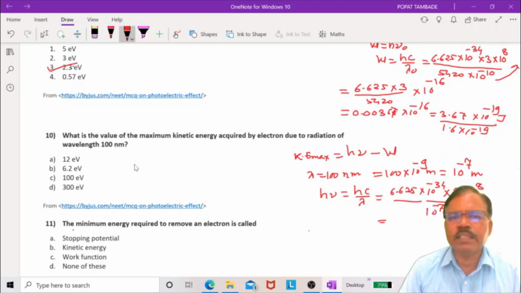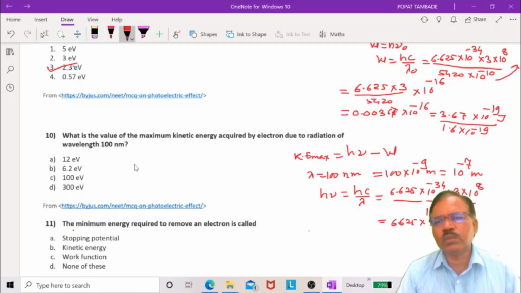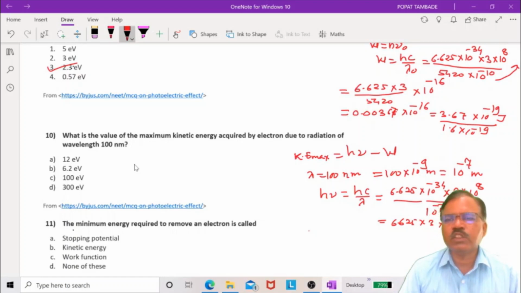So we get 10 raised to minus 19, and 6.625 into 3 into 10 raised to minus 19, it is in joules.